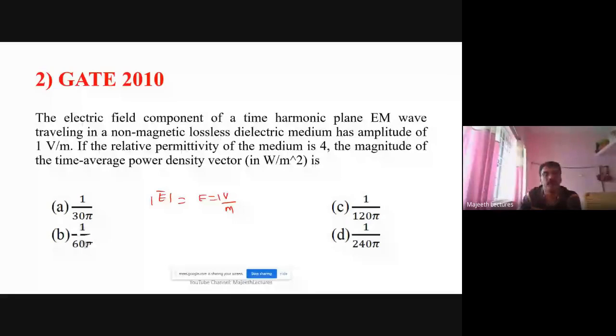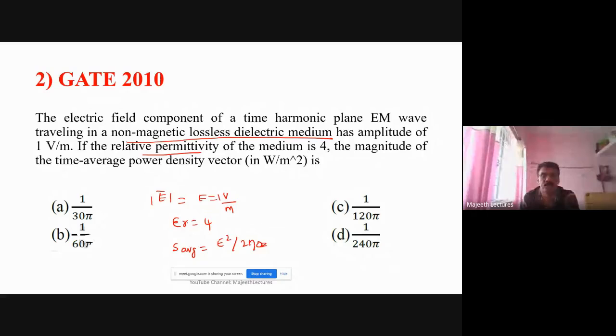It is a non-magnetic lossless dielectric medium. Relative permittivity of the medium, epsilon r, is equal to 4. They ask the magnitude of the time averaged Poynting vector, that is E squared by 2 eta, which we have to find.